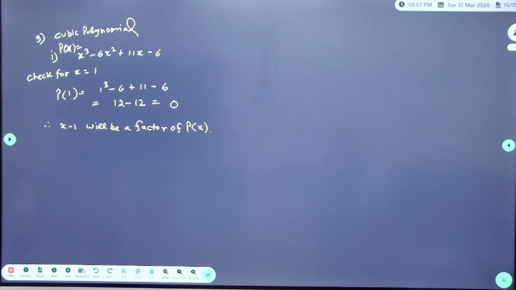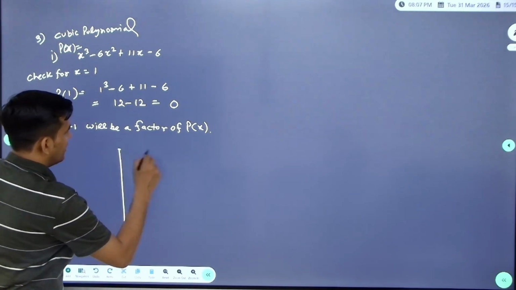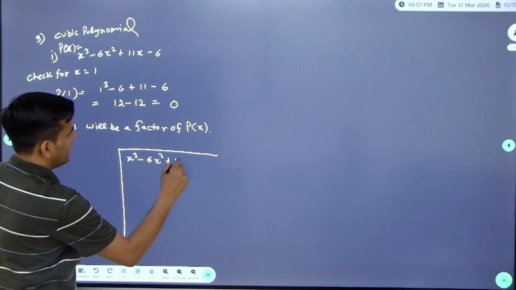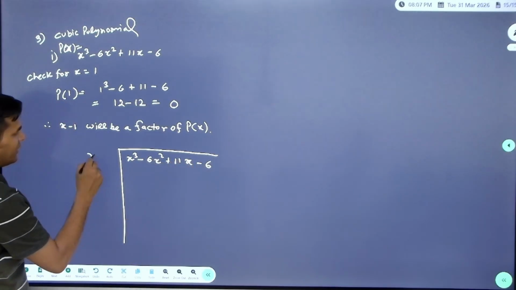For the other two roots, because this is a cubic polynomial, there will be three roots. So one root we have identified with hit and trial. For the other two roots, we will divide this polynomial by x minus 1. So divide x cube minus 6x square plus 11x minus 6 by x minus 1.